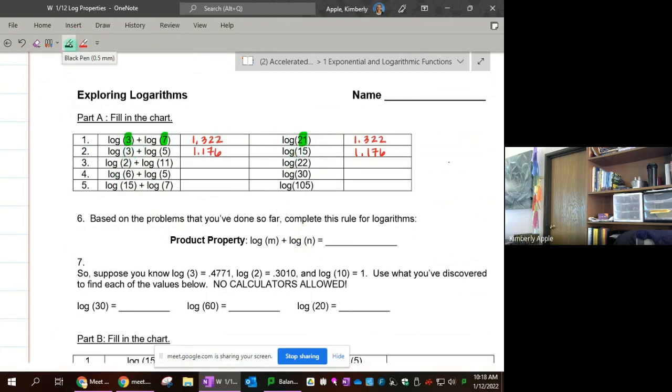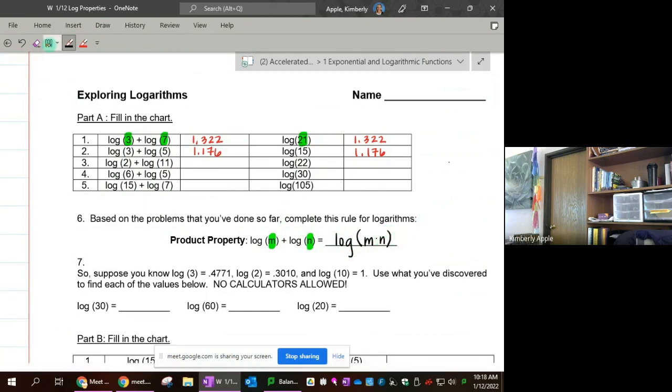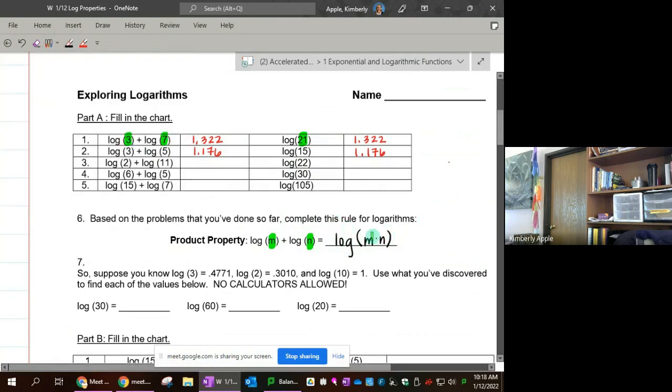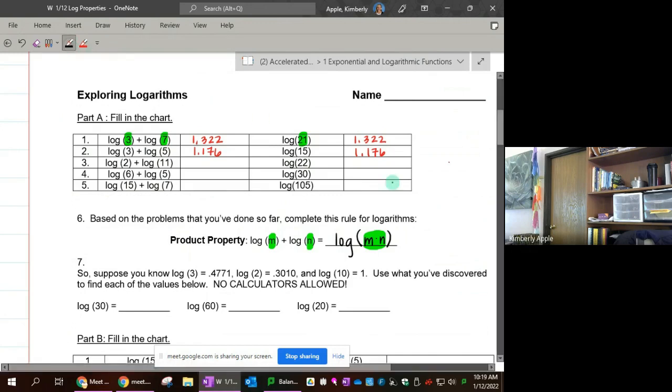So in general, if I have the log of some number plus the log of some other number, I can write that as a single logarithm of the product of those two numbers. So in other words, the log of m plus the log of n is equivalent to the log of m times n. And we call this the product property for logarithms.